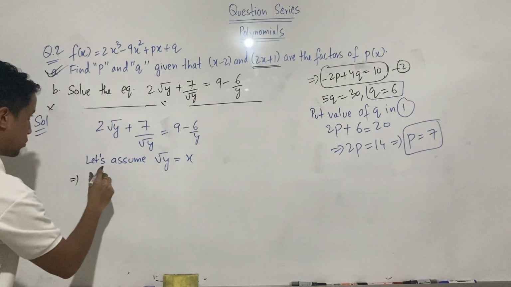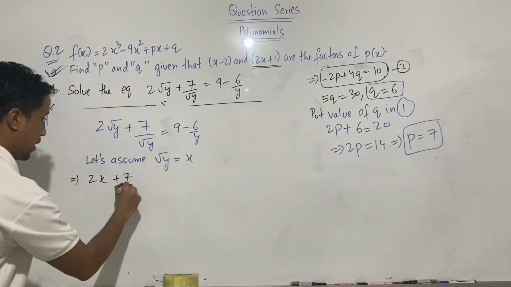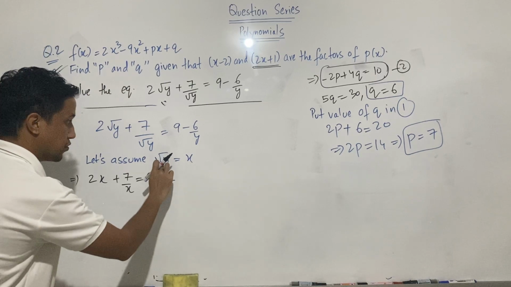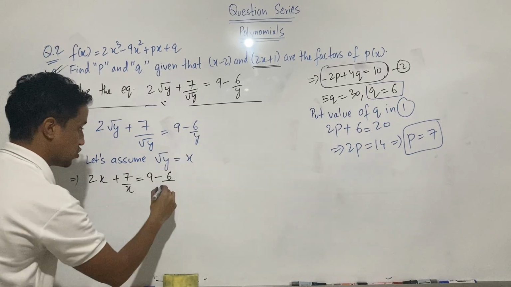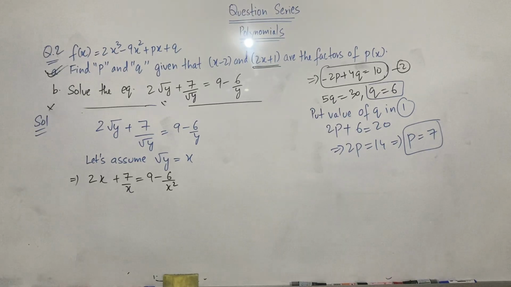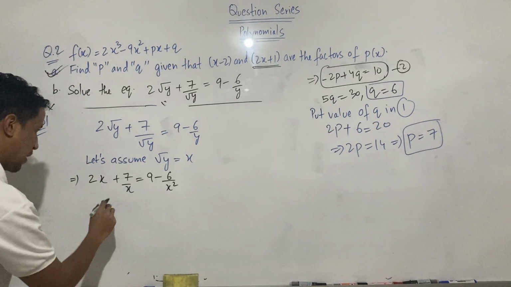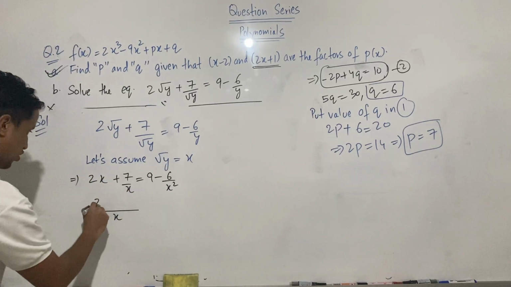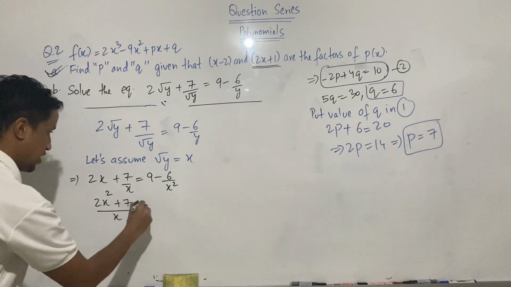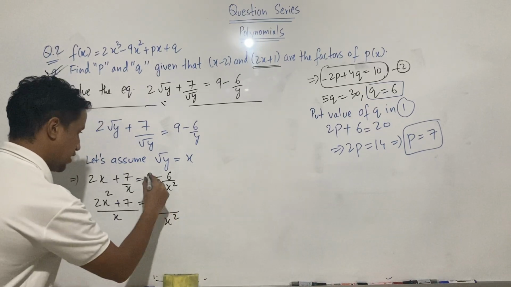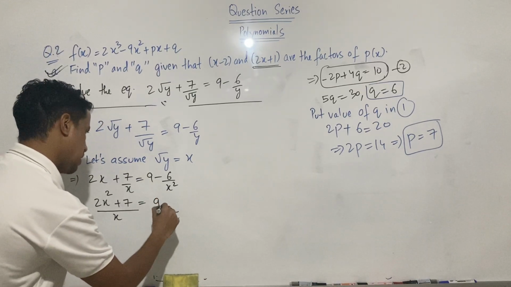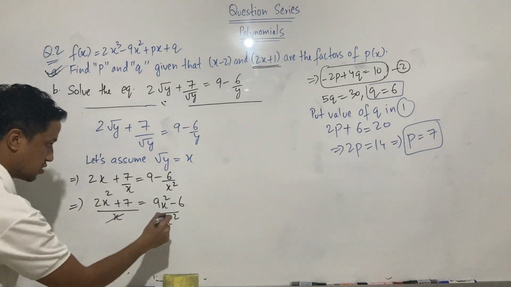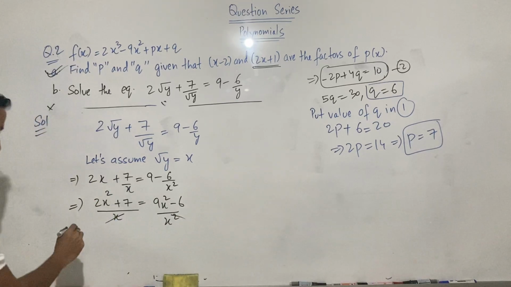So this equation is going to be 2x plus 7 by x equal to 9 minus 6 by y. If square root of y is x, then y is going to be x squared, right? So the LCM is x, so it's going to be 2x squared plus 7 over x equals 9x squared minus 6 over x squared. Now this x will cancel one x, so here is going to be x.